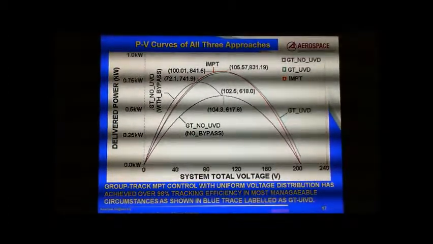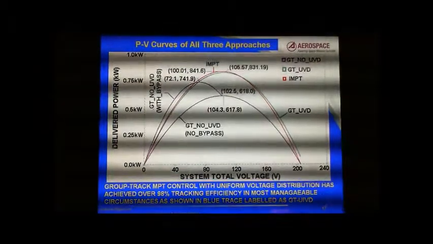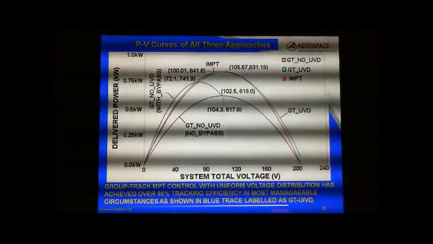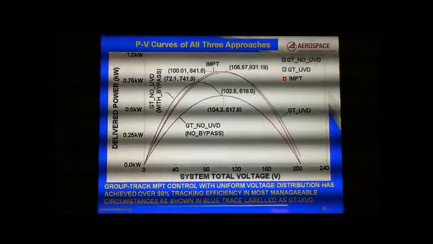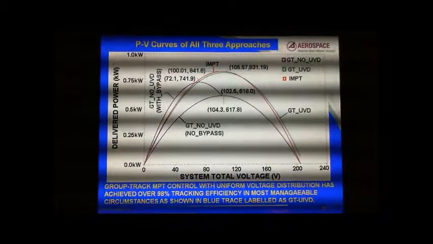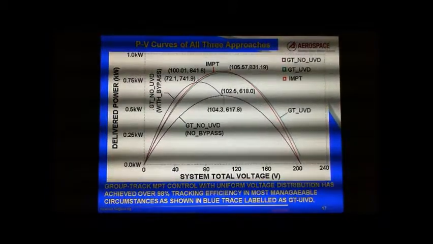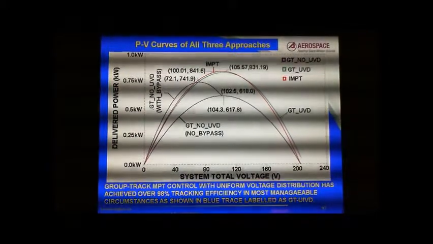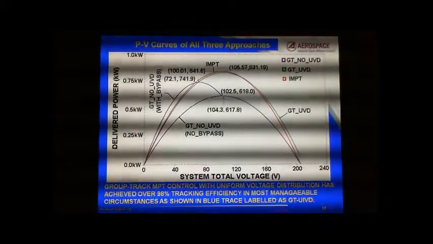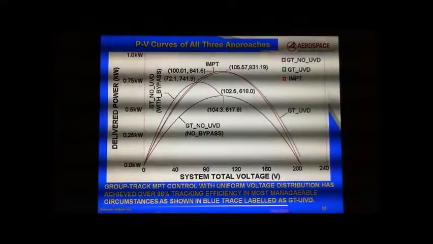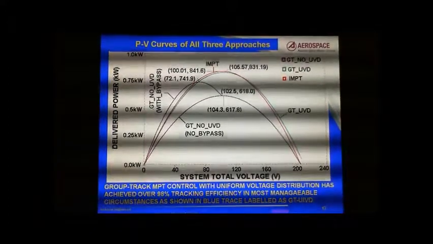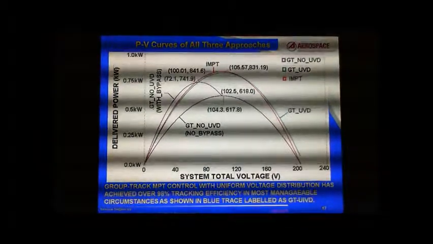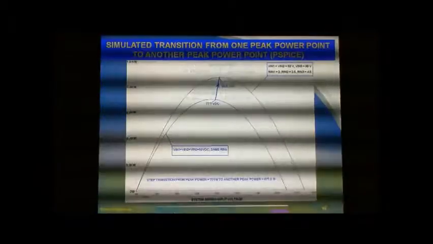The worst approach only delivers around 742 watts. The group tracking maximum power tracking control with uniform voltage distribution has achieved over 98% tracking efficiency in most manageable circumstances, as shown in the blue trace labeled as GT UIVD.